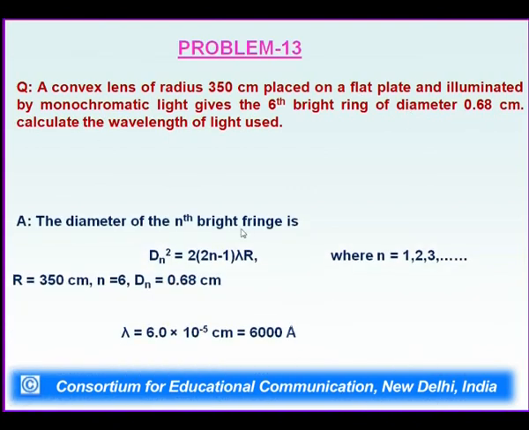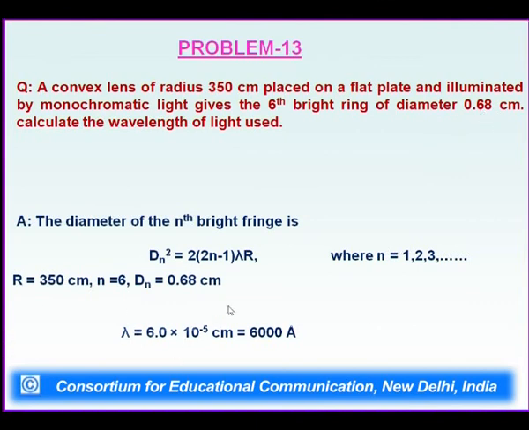Here the diameter of the nth bright ring is dn square is equal to 2 into 2n minus 1 lambda r, where n is equal to 1, 2, 3. The radius of the convex lens is 350 centimeter, and we are talking about the sixth ring, so n is equal to 6 and dn is equal to 0.68 centimeter.